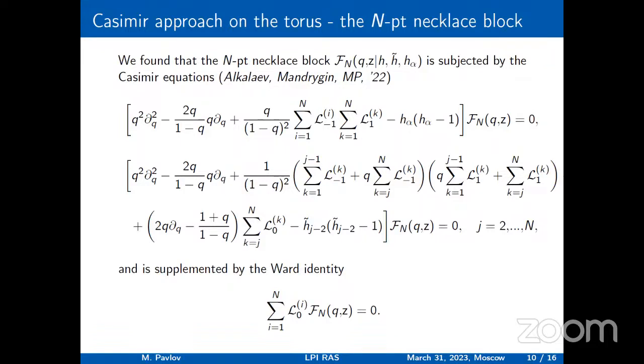Yes, but I would like just to understand the idea, because there are a lot of SL2 subalgebras in the Virasoro algebra, but for some reason you took a special one which starts from L minus 1, L0, and L plus 1.